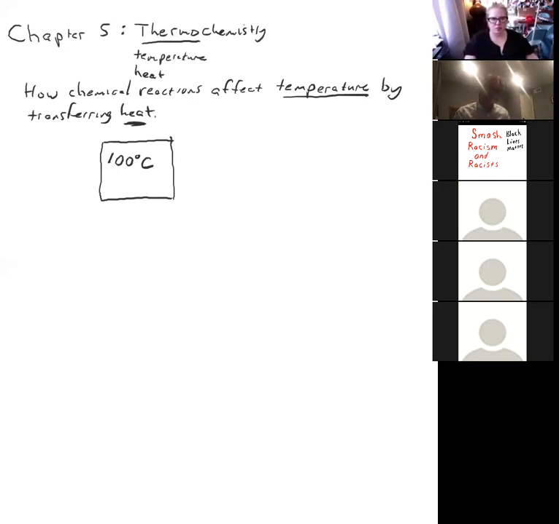So if you put water on a stove and heat it up, the water will get hotter and hotter until it reaches 100 degrees Celsius, and then it will start to boil. So we call that the boiling point of water.